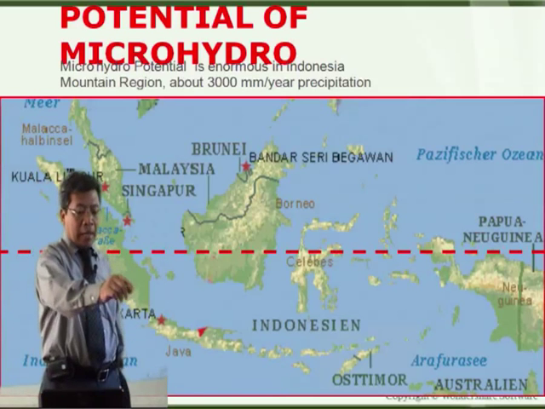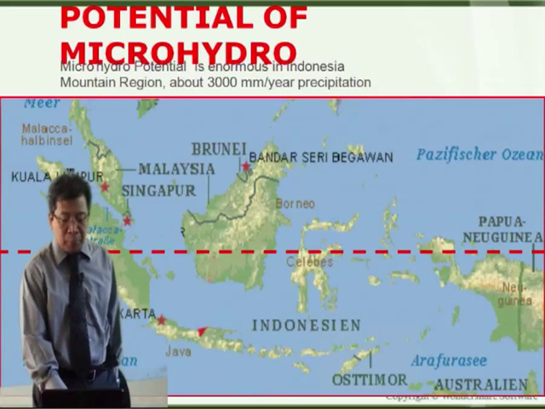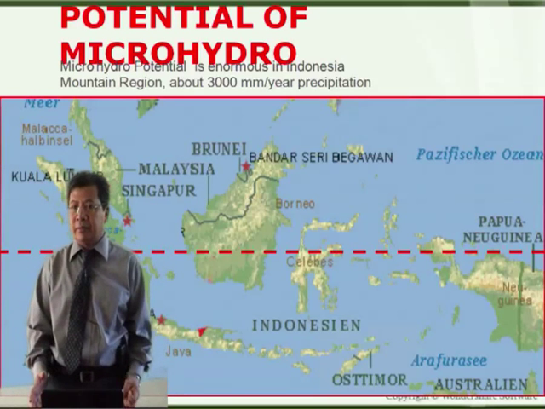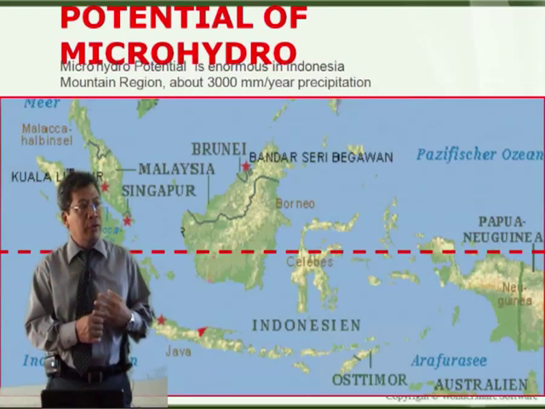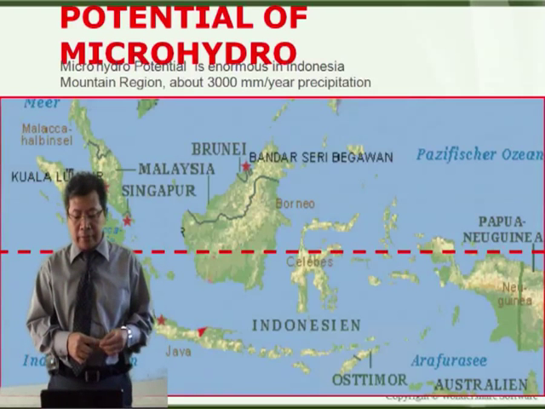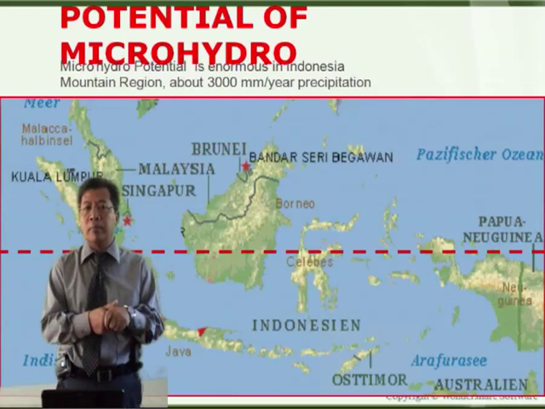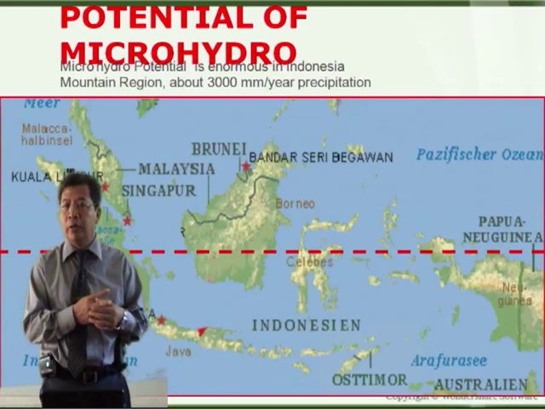So I think we have enough potential of microhydro, enormous and unlimited. For now and the next generation, I think it's very important that we develop microhydro step-by-step. Even we have no problem with microhydro, especially for the utilization of microhydro.